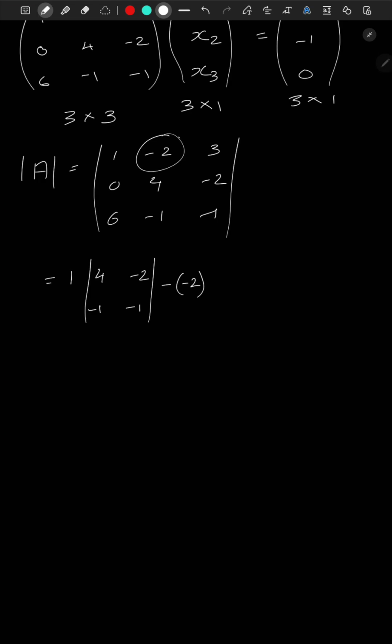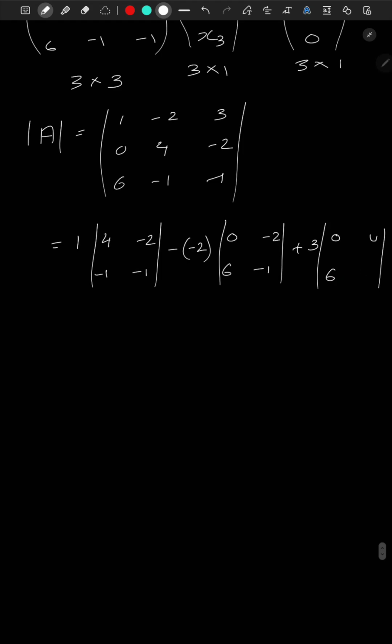The second one, minus 2, times the determinant of 0, minus 2, 6 and minus 1, and then plus 3 times the determinant of 0, 4, 6, and minus 1.